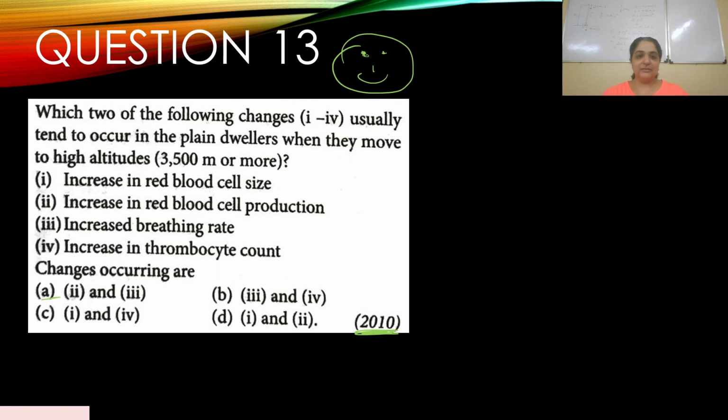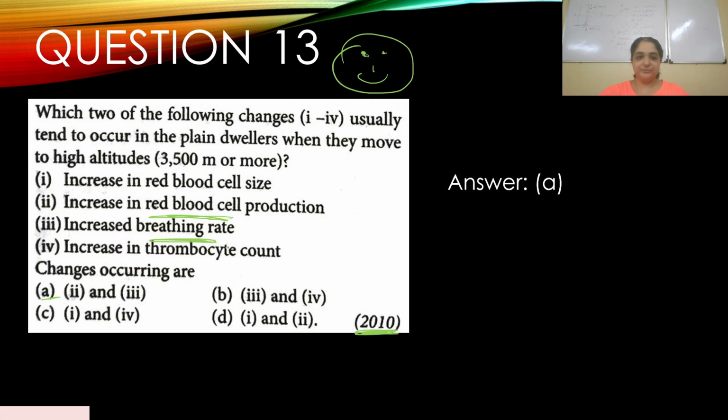That is increase in red blood cell production and increased breathing rate. These two changes amongst those 4 occur in the human body when we move to high altitudes, that is 3500 meters or more. So your answer should be A. A should be the right answer.